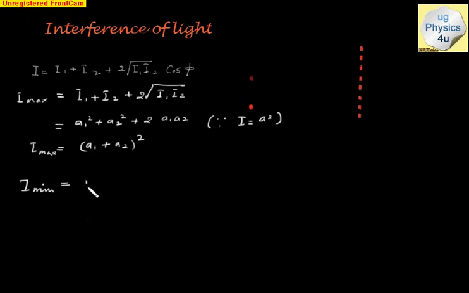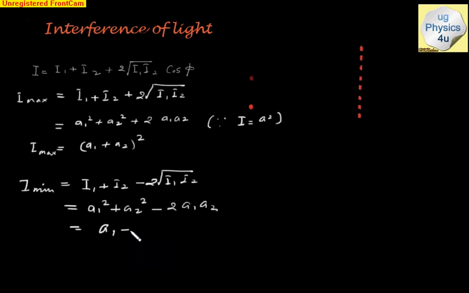In that case, I will write I1 plus I2 minus 2 times the square root of I1 I2, which means it will be equal to A1 square plus A2 square minus twice A1 A2, which is the square of the difference of the two amplitudes, (A1 minus A2) whole square. So this is the minimum intensity we will get on the screen.